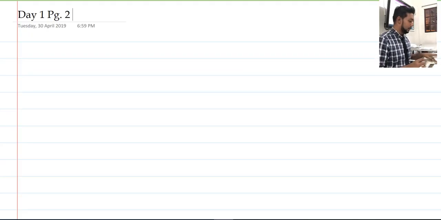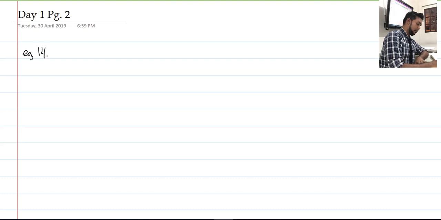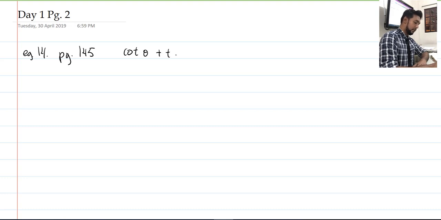All right, so we're taking a look at example 14, from page 145. We have cot theta plus tan theta, triple equal sign, which means identical to, cosec theta by sec theta.